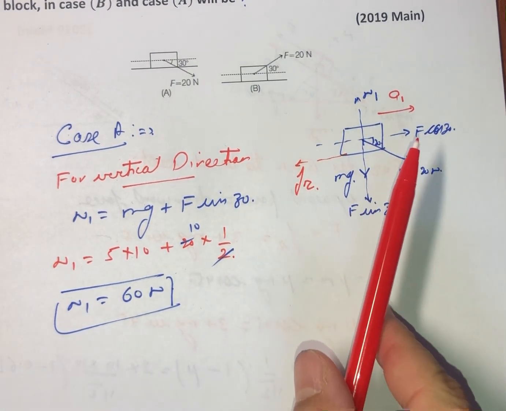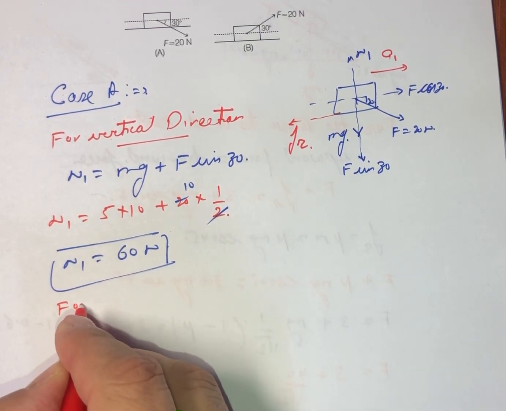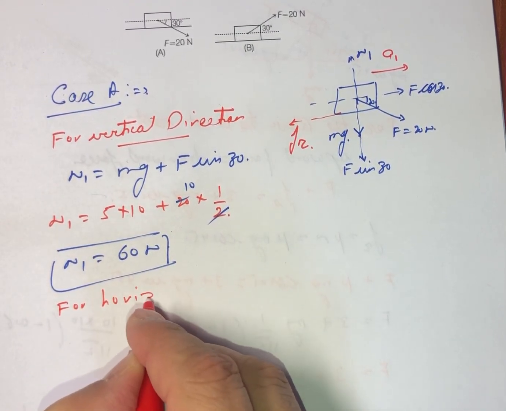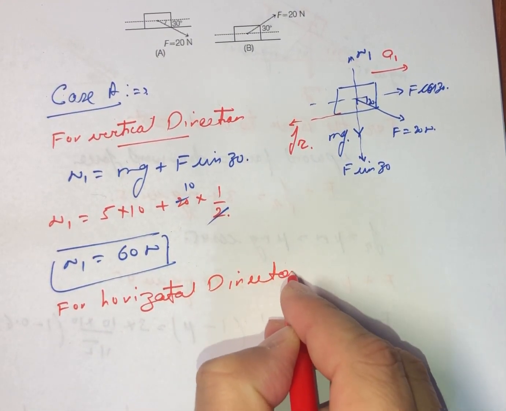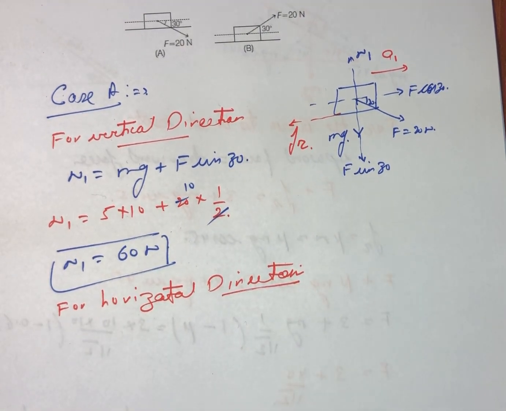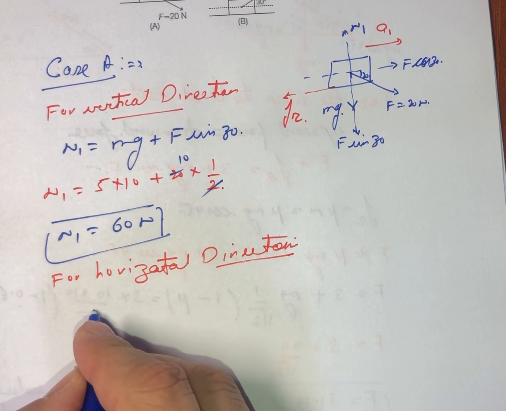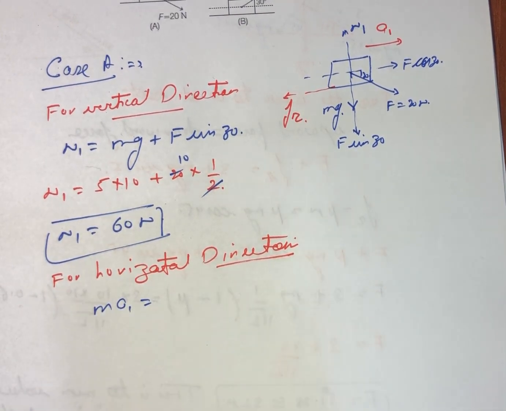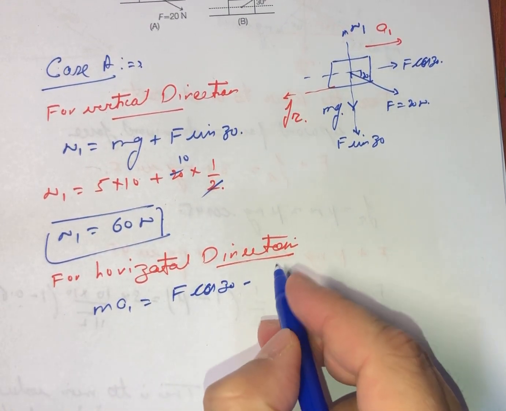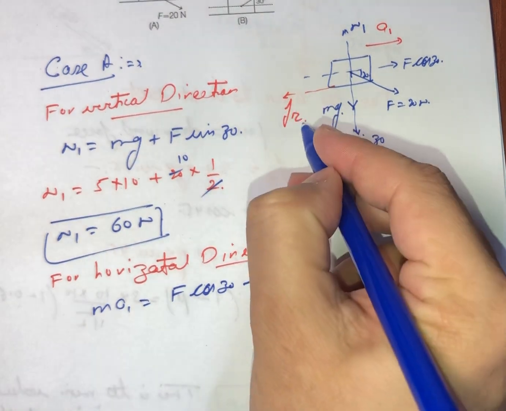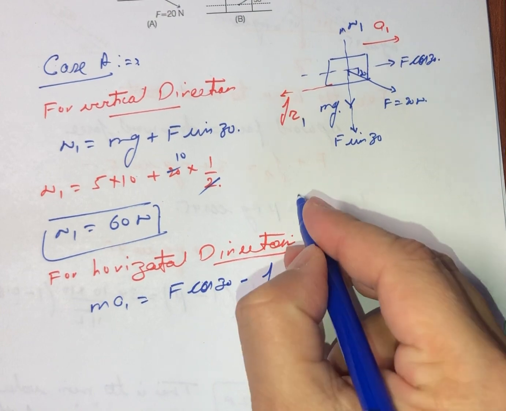Now the equation in the horizontal direction. It is moving with acceleration a1, so m a1 will be equal to the applied force, F cos of 30, minus the frictional force, let us call this Fr1.